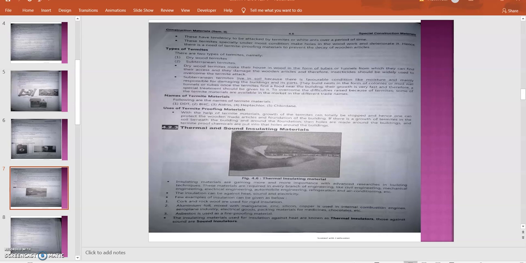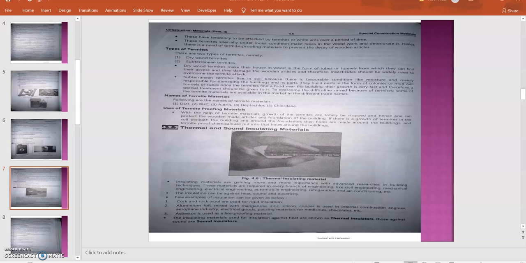Sometimes we use a false ceiling, then we use thermocol sheets or other materials to avoid the overheating. And so these are some of the techniques to get thermal or soundproof construction works.